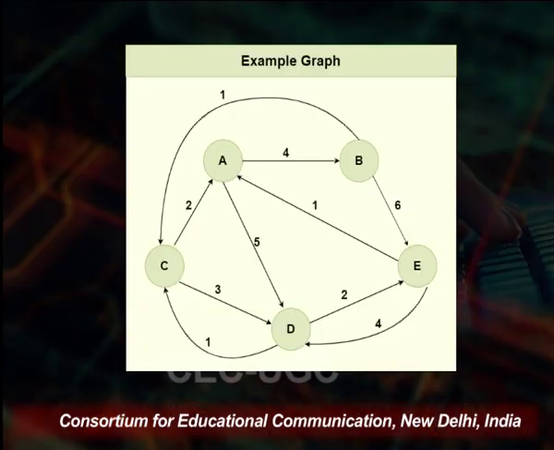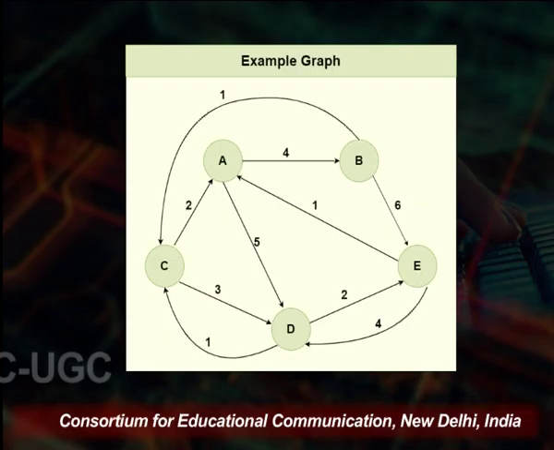In order to look at it in brief, let us look at an example graph. Here we have an example graph shown on the screen, and it has 5 nodes A, B, C, D, E, and one particular node can be reached using multiple paths.